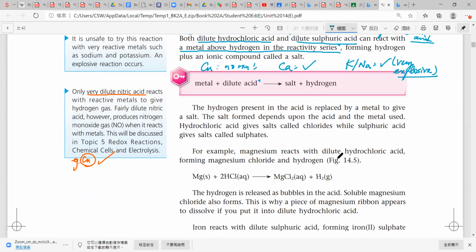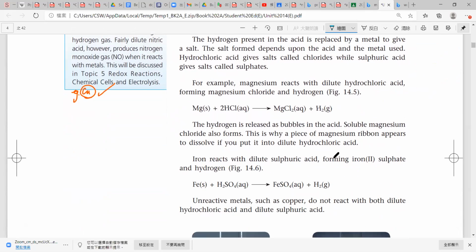Okay, now, but I change it to sulfuric acid. The salt is not called chloride, we call it sulfate. Okay, you see that? Whether or not, the salt formed comes from the acid. So with hydrochloric acid, we call it chloride.